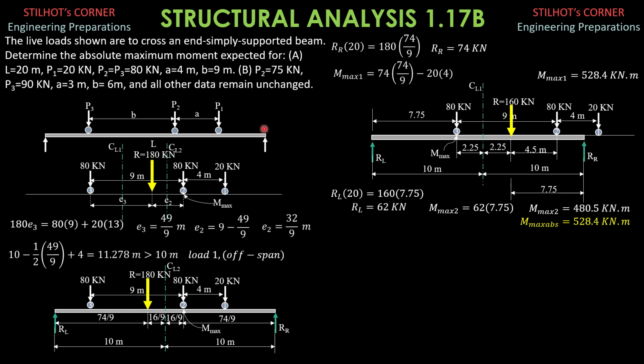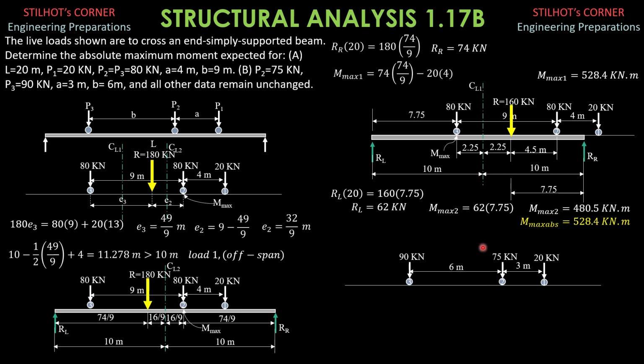Now for part B, P2 is 75, P3 is 90, so P1 remains 20, but this time A is 3, B is 6. Let's compute E sub 3 and E sub 2.